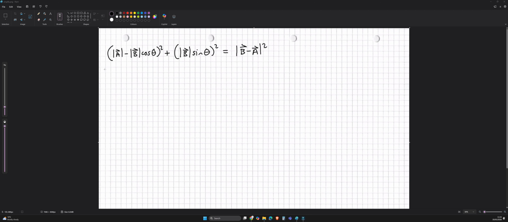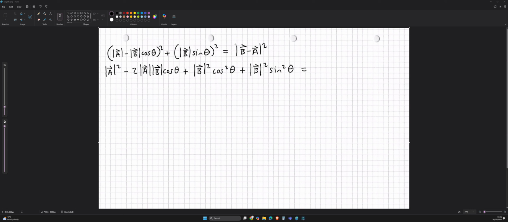For the left-hand side, we get the magnitude of a squared minus 2 times the magnitude of a times the magnitude of b cos theta plus the magnitude of b squared cos theta squared plus the magnitude of b squared sine theta squared. Okay, now we just have to do the right and then simplify.